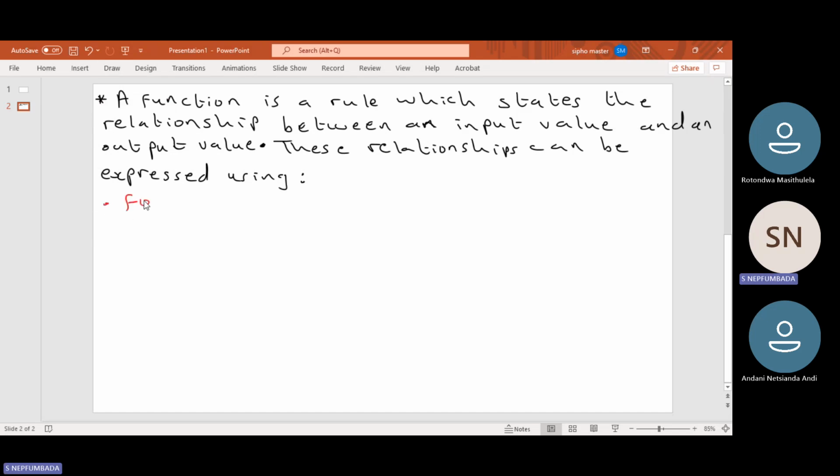We can use formulas. Are we fine? Are we still together? Can you see what I'm writing? Okay, we can use formulas, tables, and flow diagrams.